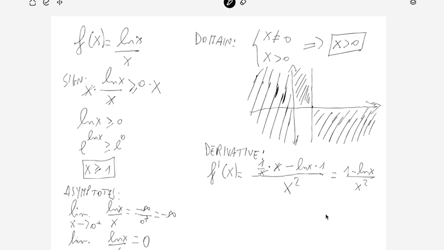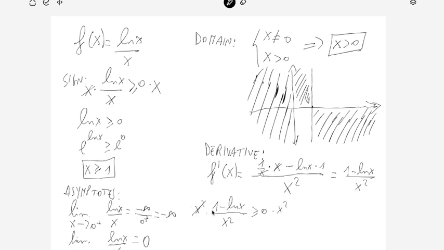Okay, and this means that we have to study now the inequality in order to study the increasing and decreasing intervals. This inequality, 1 minus log x over x squared greater or equal than 0. Also here, I can multiply by x squared, because x squared is positive in our domain. It is always positive, and it isn't equal to 0 because x is strictly greater than 0.